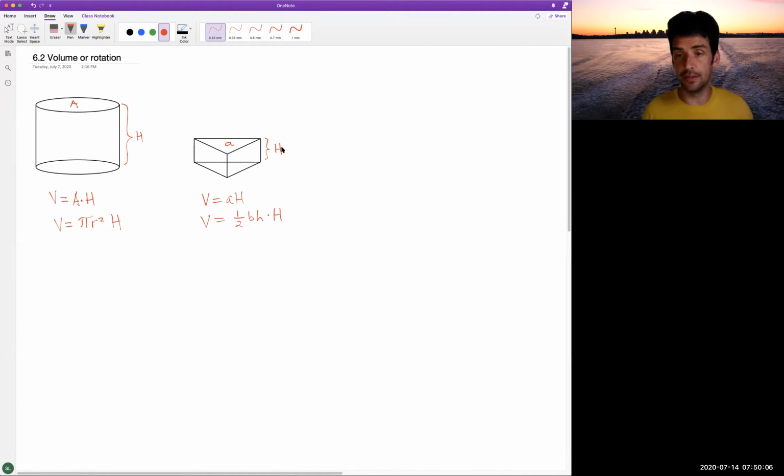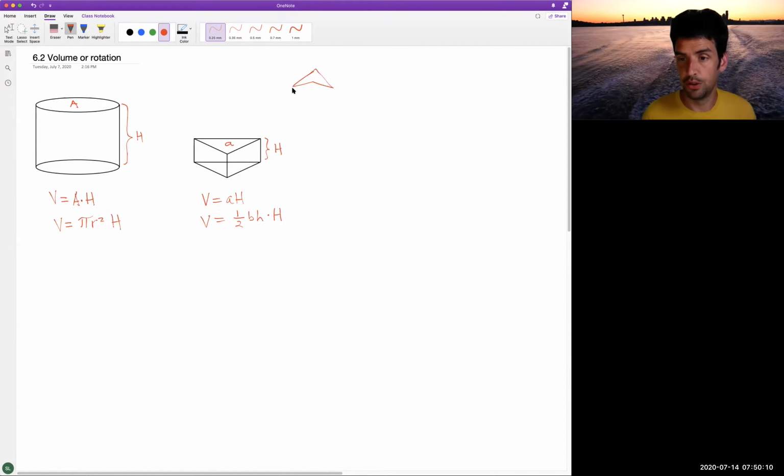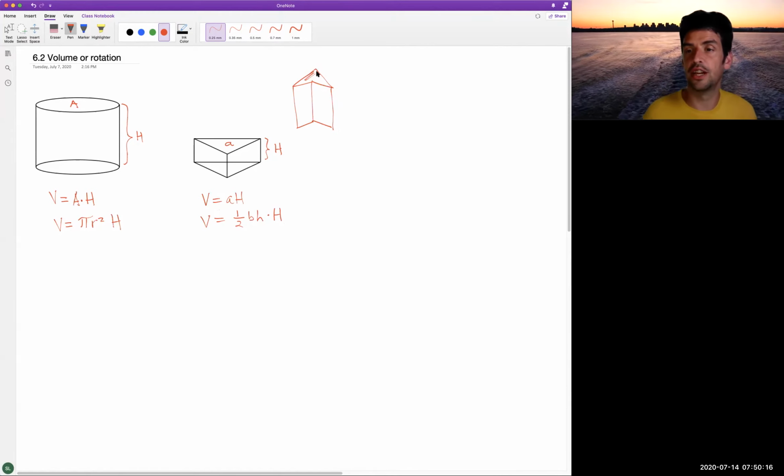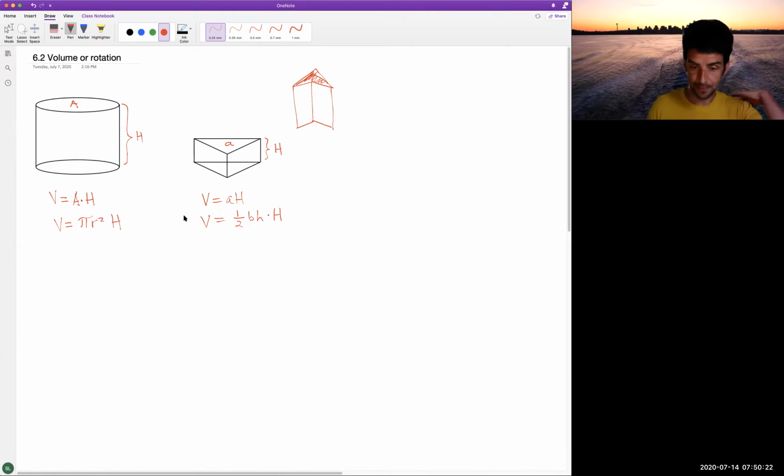And it doesn't matter what the shape is, right? If I try to make some weird shape, as long as the shape's the same on the top and the bottom, if we can figure out the area of this face, we can multiply it by the height, right? So this is like a general idea.